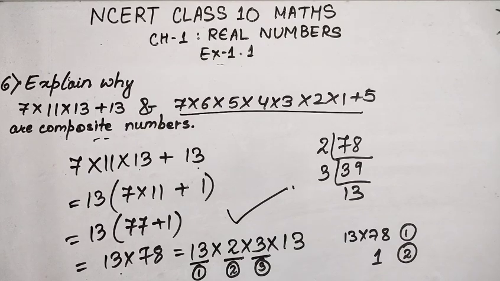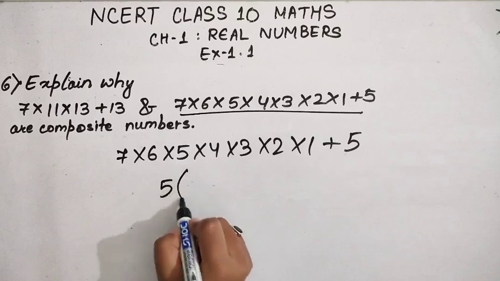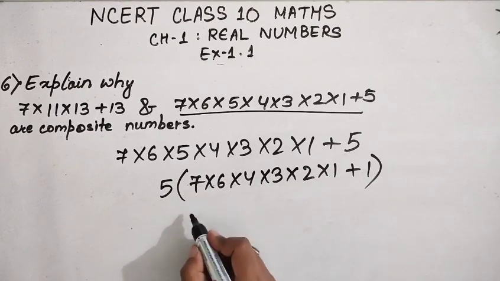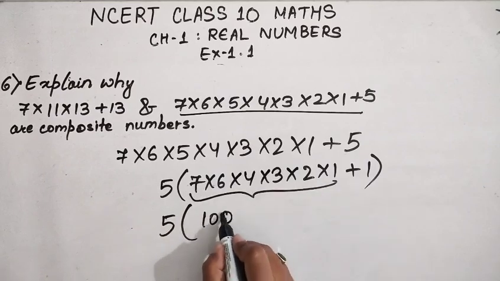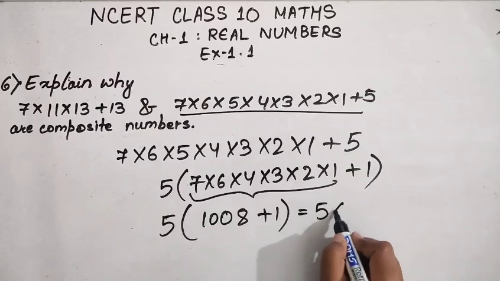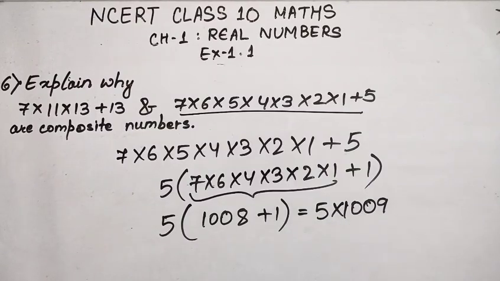Let's check with the second one. Here we can take 5 as common, and in this case we can multiply all of it to get 1008 plus 1, which will give us 5 into 1009. Over here also what we can see is the number itself is 5 into 1009.